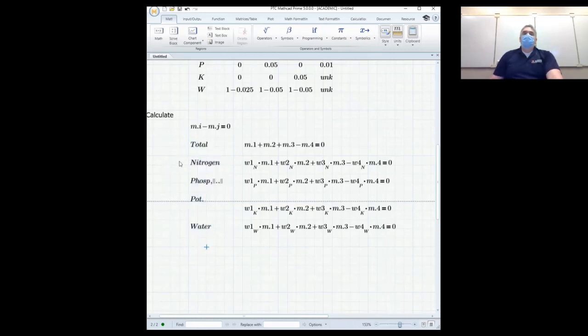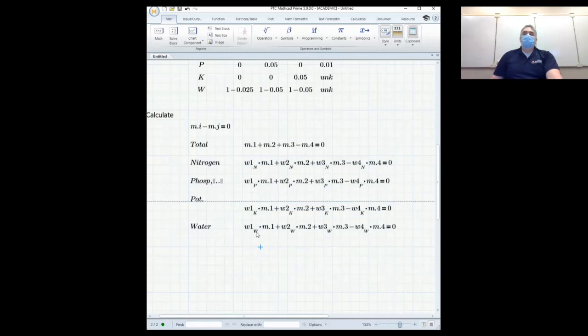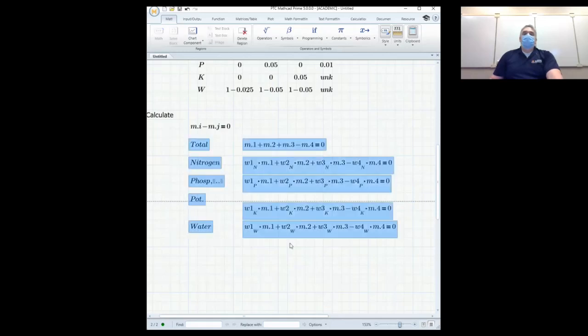That's because if you take all the nitrogen and all the phosphorus and all the potassium and all the water in the system and add those together, so W1, W1K, W1P, W1N, that sum equals 1, which then just is this total. So you can't use all 5 of these equations. You can only use 4 of the 5 because they're not independent.